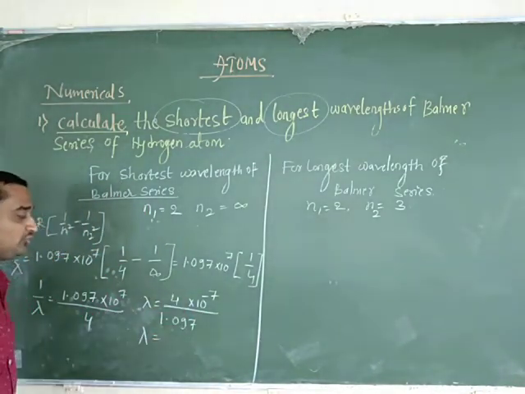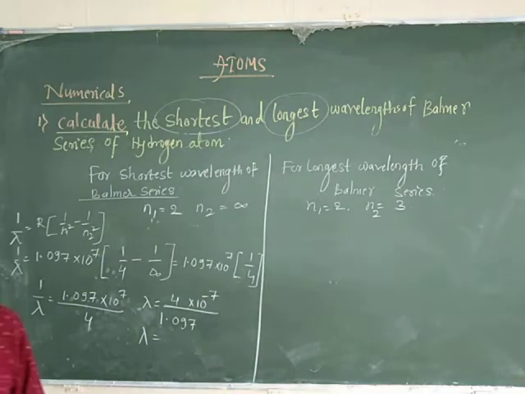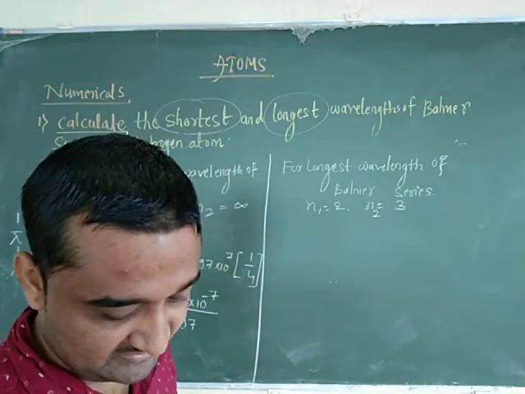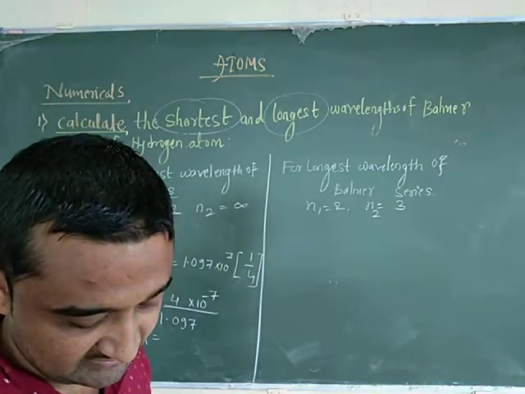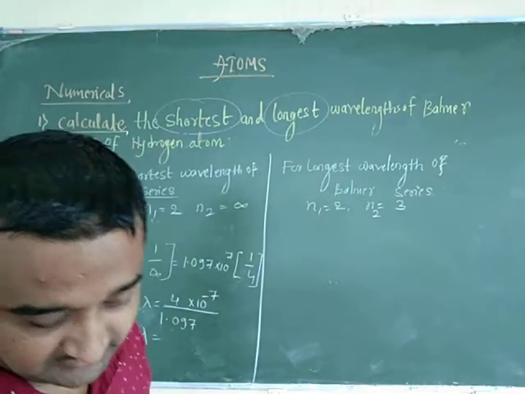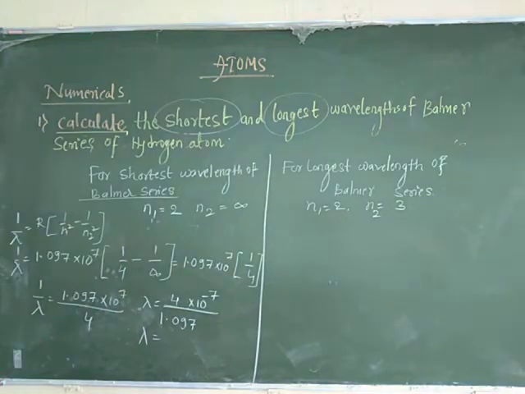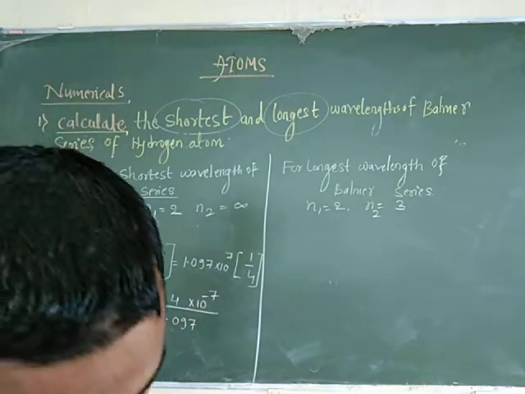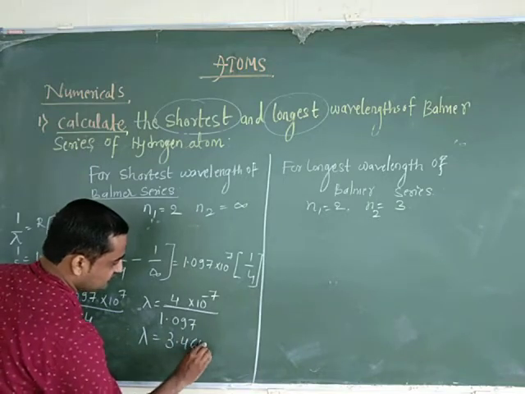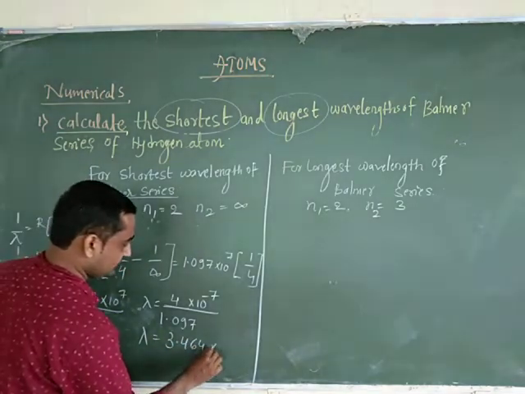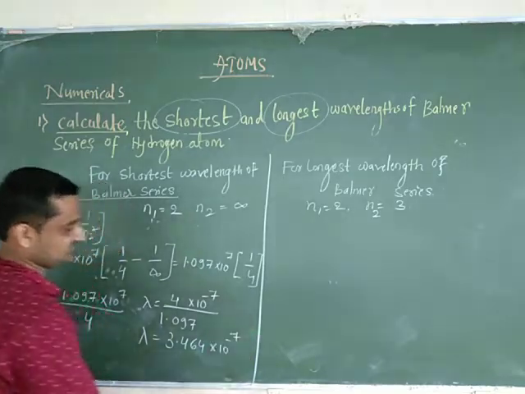So what is the value of 4 divided by 1.097? Its value is 3.464 into 10 to the power minus 7.